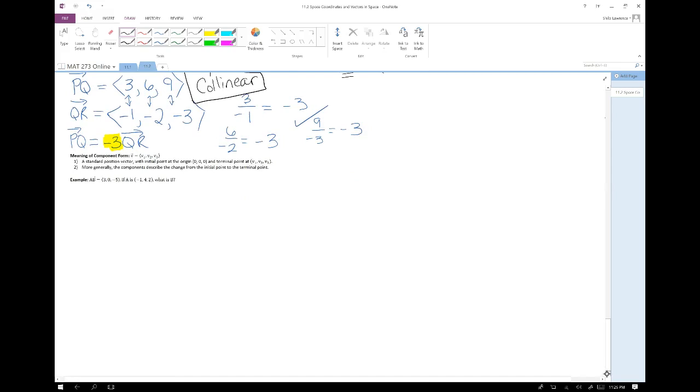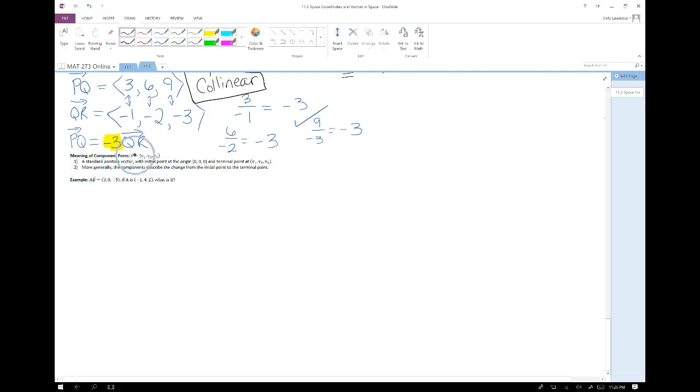And then the last thing I want to cover in this section, not really anything new, but a little bit deeper of an explanation of what exactly component form means. So far, we have defined what component form is. For vector V in three-dimensional space, we'll have 3 components.